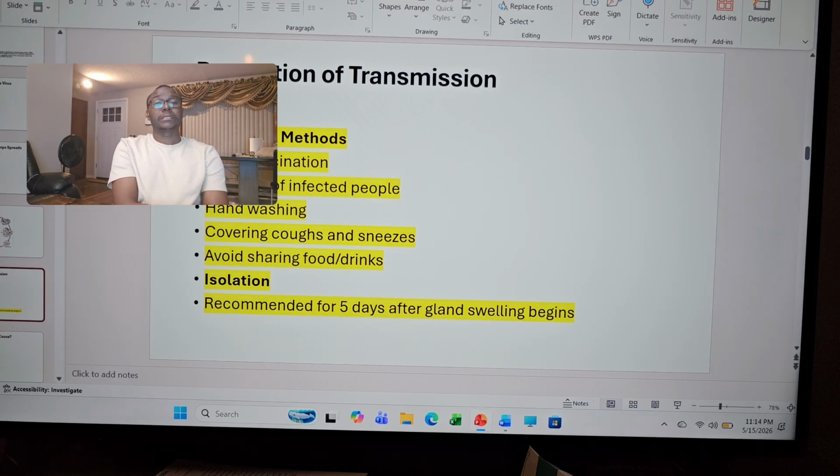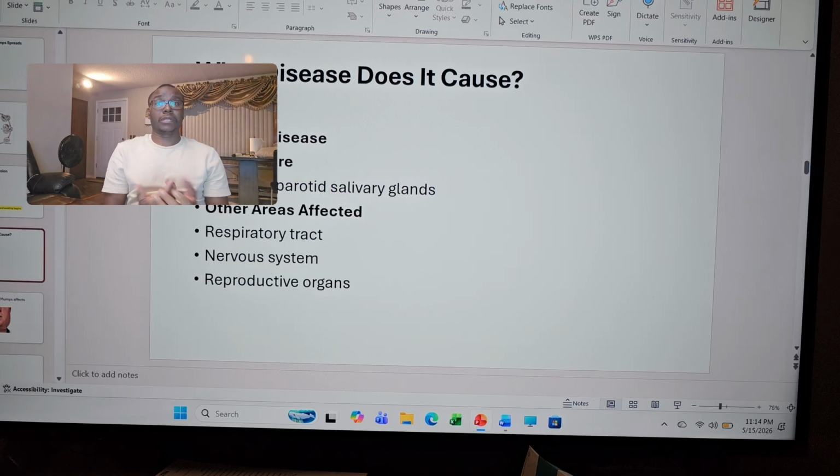Avoid sharing food and drink. And the most recommended one is isolation. When you get mumps, for 5 days after the gland swelling begins, and even before you start swelling, try and isolate yourself. After you do the isolation, you will help us to prevent this disease.